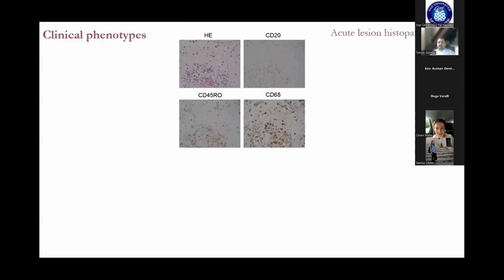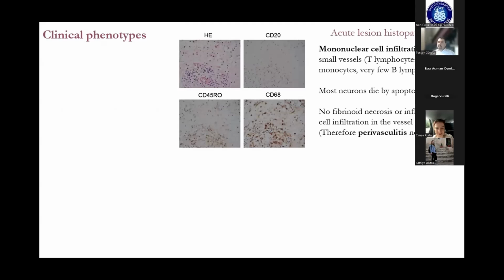You may pass that. I think acute lesion histopathology: we see mononuclear cell infiltration, T lymphocytes and very few B lymphocytes. It may be worth mentioning in the slide that we don't see vasculitis.